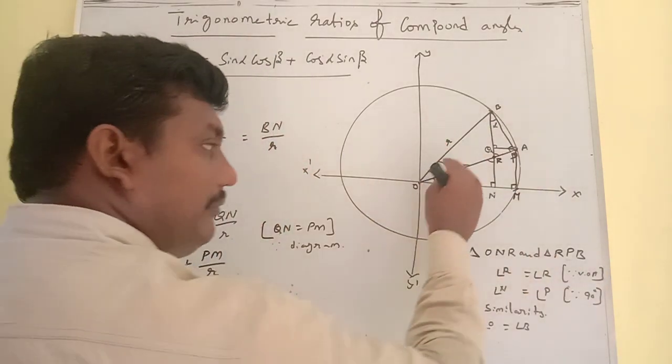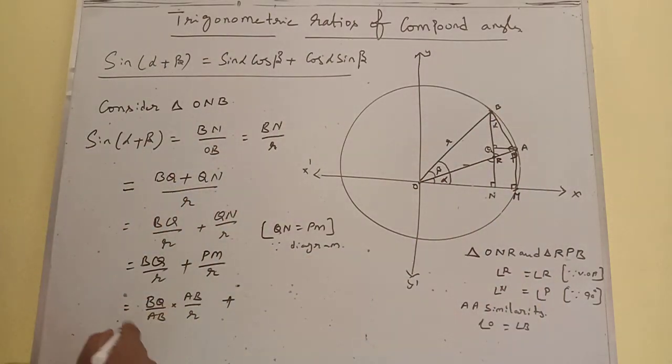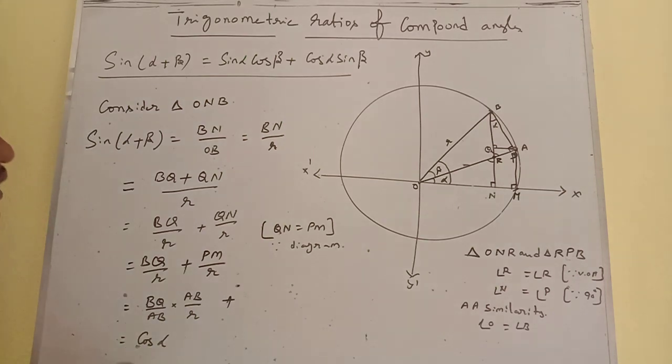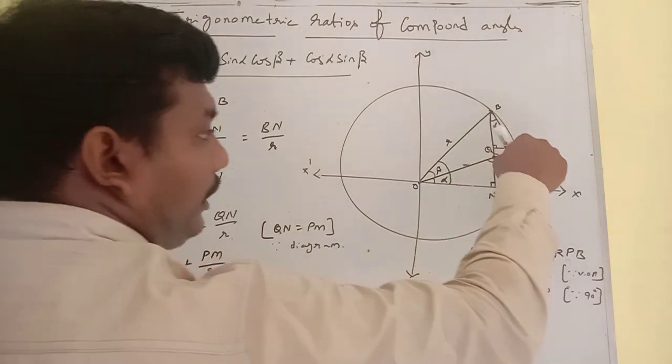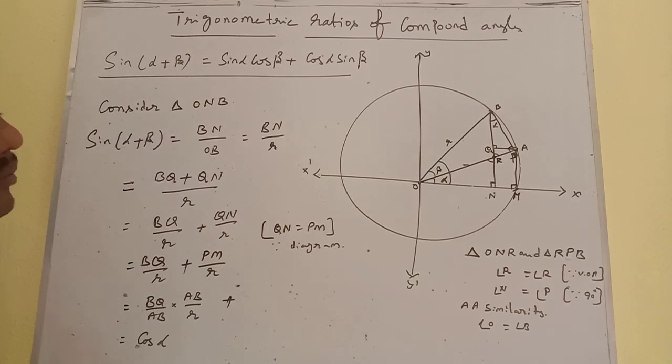So adjacent side by hypotenuse is nothing but cos alpha. This is cos alpha from triangle PBQ.